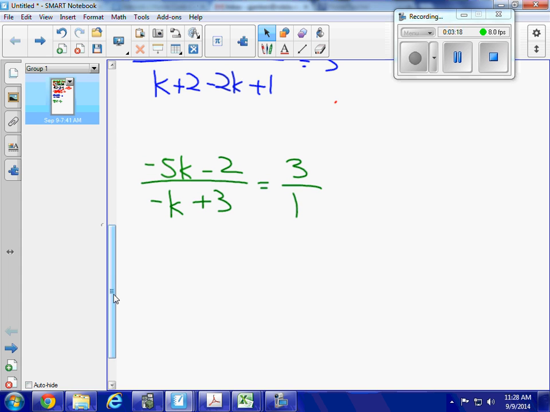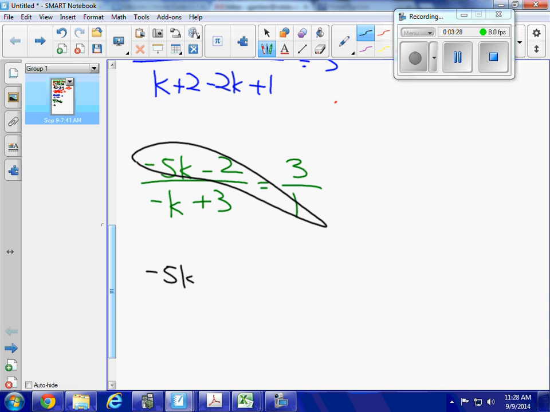So if I cross-multiply, I'm going to get 1 times negative 5k minus 2, so I'm going to get negative 5k minus 2 is equal to negative 3k plus 9.